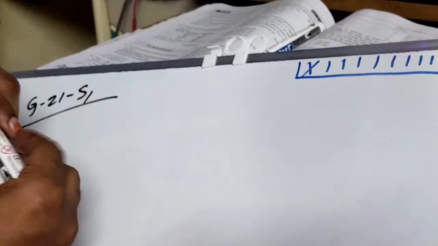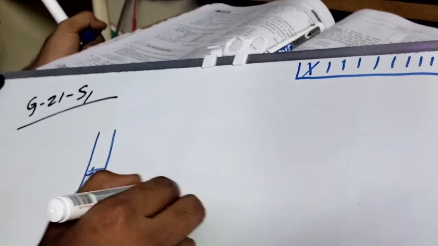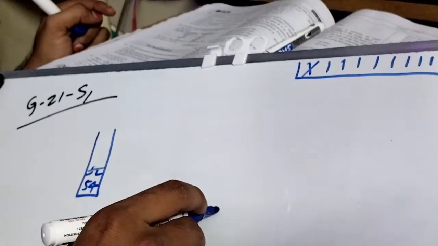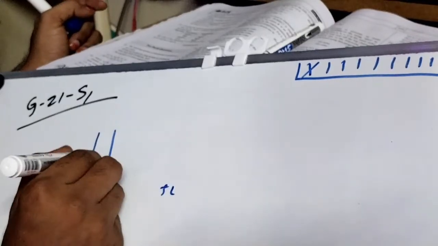Consider the following stack operations on an empty stack: push 54 first, and then push 52, then pop, and then push 55.